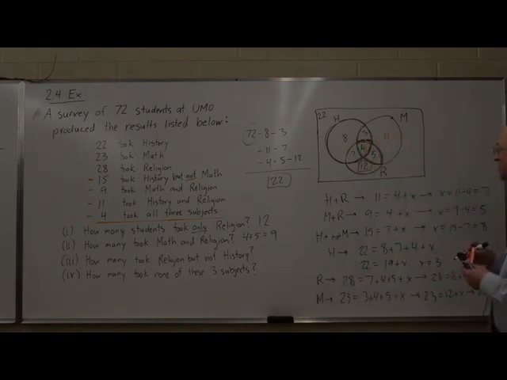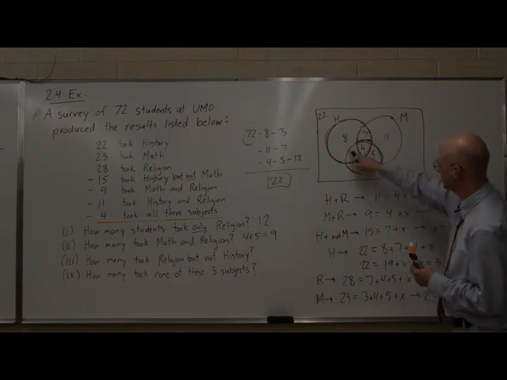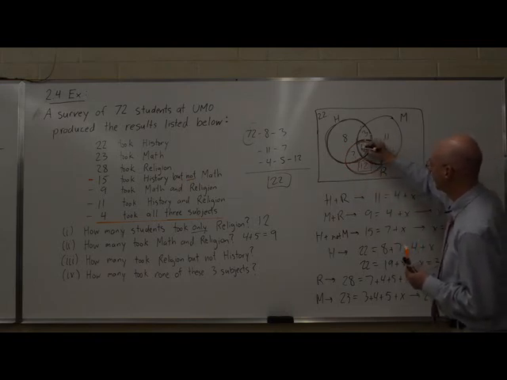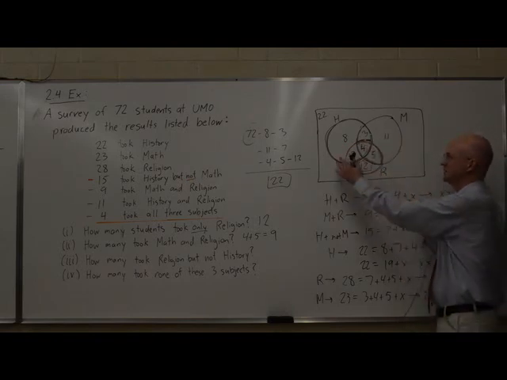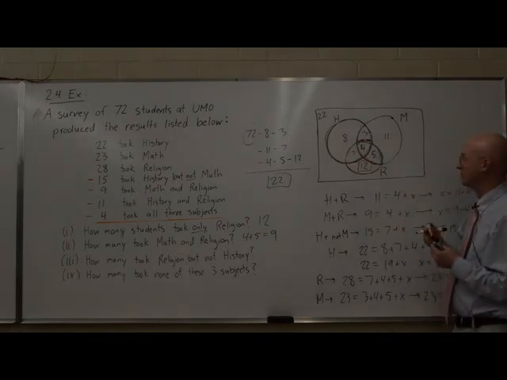How many took religion but not history? Okay, so now notice that we have, again, the religion circle being asked about, but only part of it, the part that doesn't touch history. So it's okay if it overlaps with math, just not if it overlaps with history.